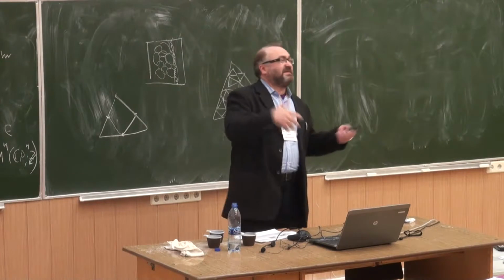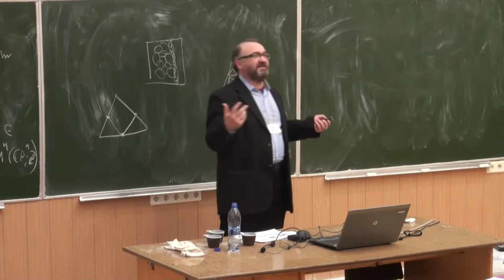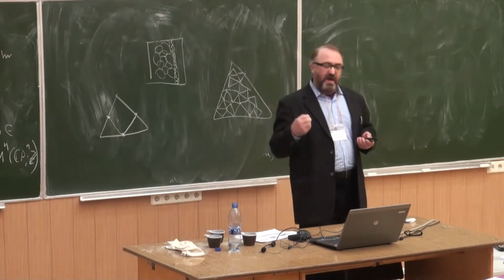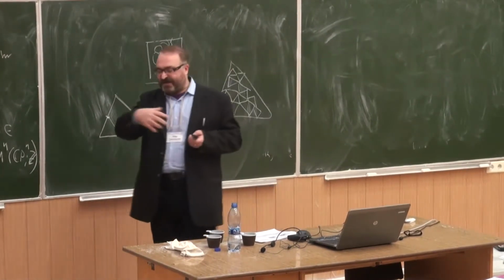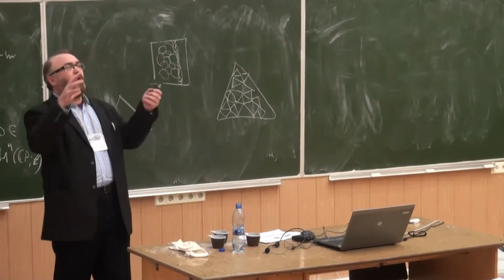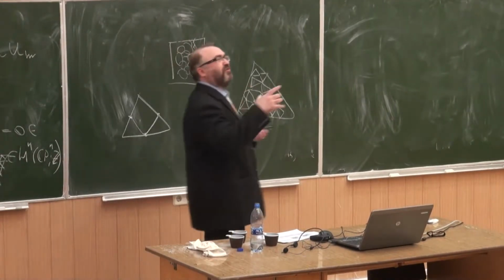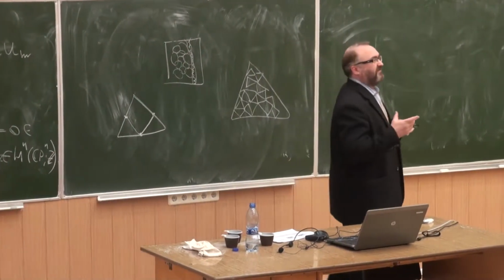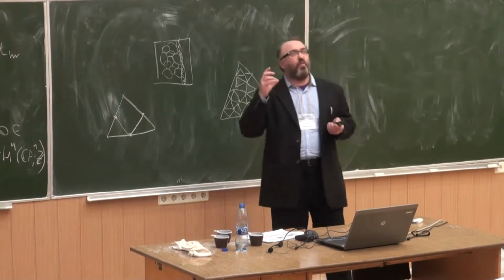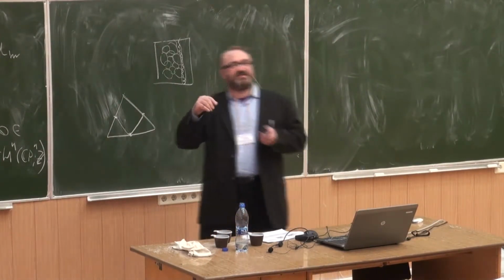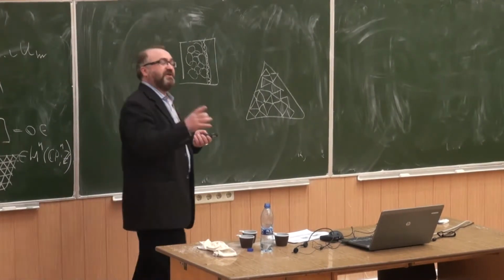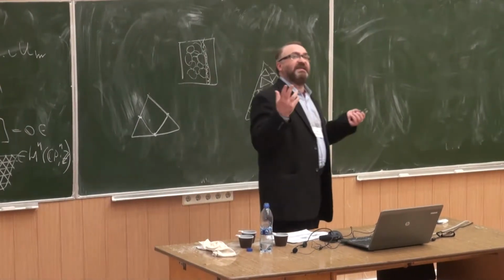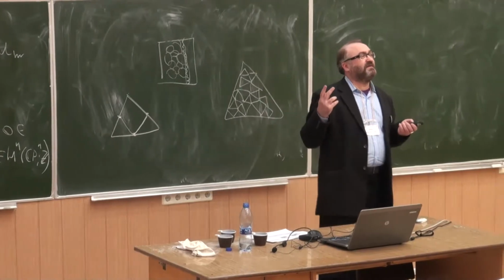People started considering surfaces with a boundary, and the easiest one is a once-punctured surface, which is obtained from a closed surface by the removal of a disk. For example, a once-punctured sphere is again a disk topologically, and a once-punctured projective plane is a Möbius band, etc.